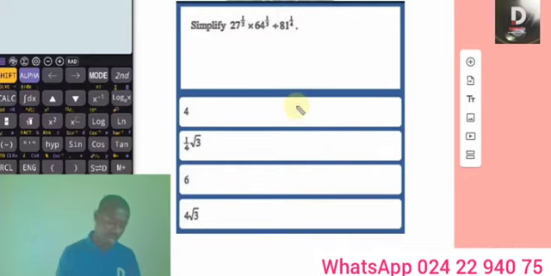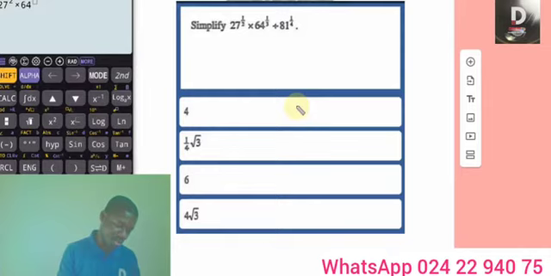Okay, so we have 27 to the power half, 27 raised to the power half. So fraction, 1, half. Good. Make sure you bring the cursor down. Times 64 to the power 1/3. So that's also fraction.